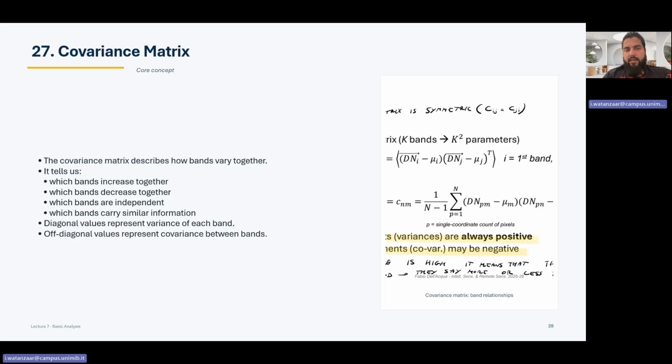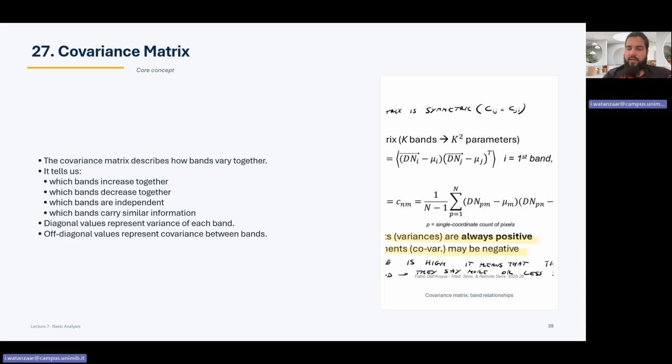So this is exactly the covariance meaning: now we have multiple bands and they are showing us the information across the multiple bands, either increasing, decreasing, similar information or independent. The diagonals represent the variance of each band, because on the diagonal of the covariance matrix we are exactly having the variance of each band.